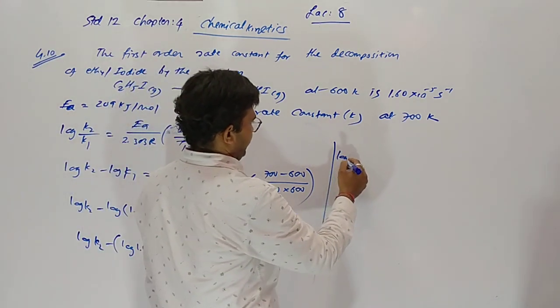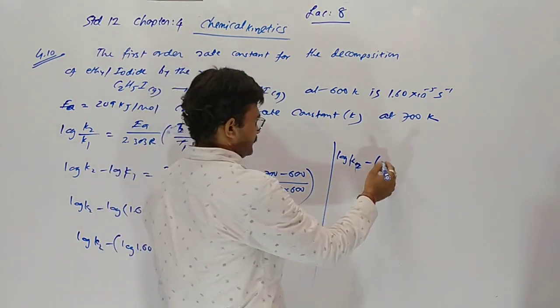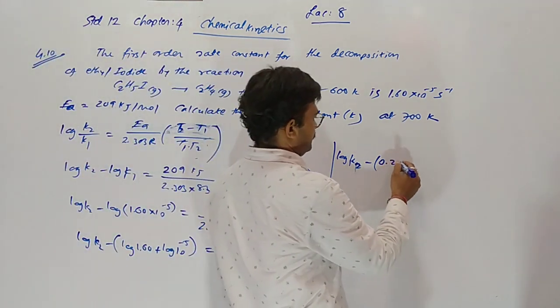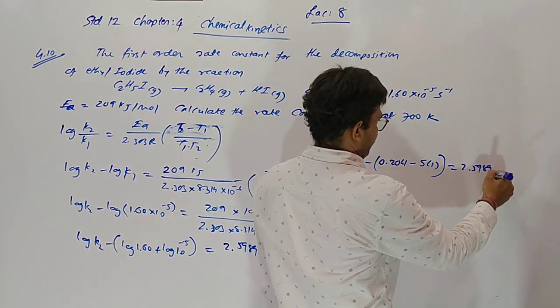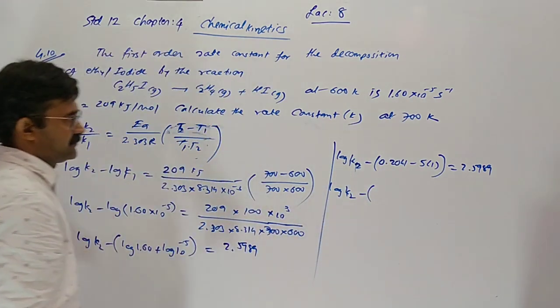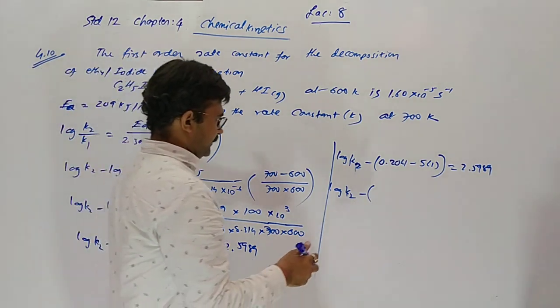Here log K2 minus into bracket 1.6, log 1.6 is 0.2041, minus 5, and 2.5989. Here 5 minus 0.2041 gives 4.7959.